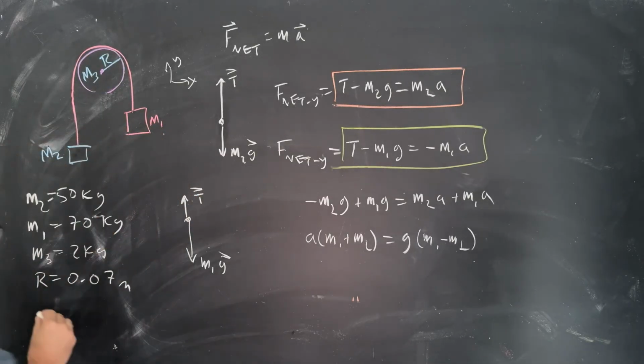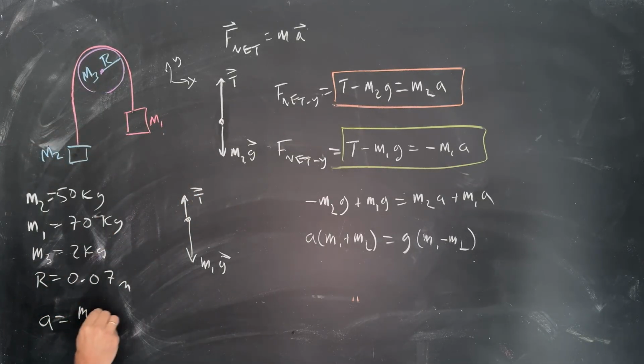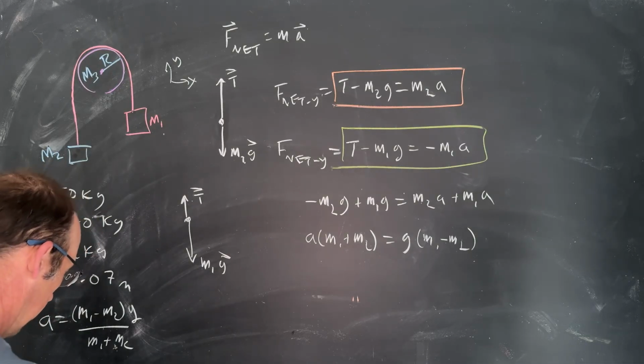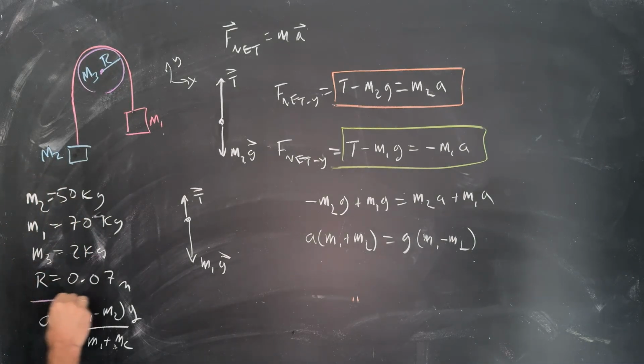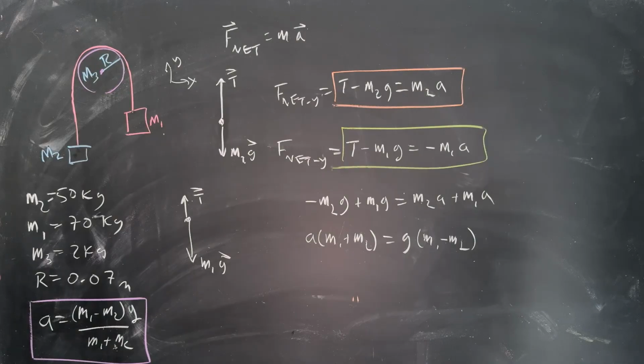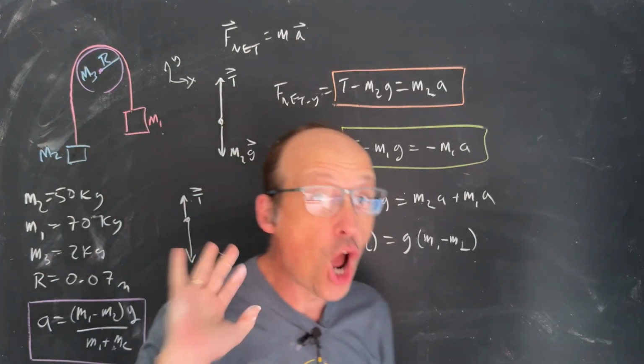I'm going to put it over here because we're going to use it later. a equals m1 minus m2 times g over m1 plus m2. And that deserves a box. Let's do a purple box. So that's my acceleration for the massless pulley.